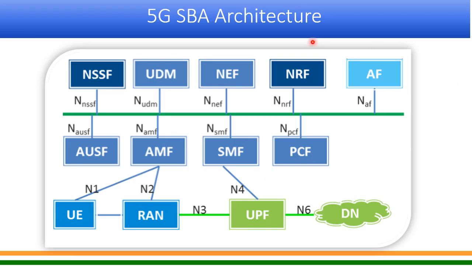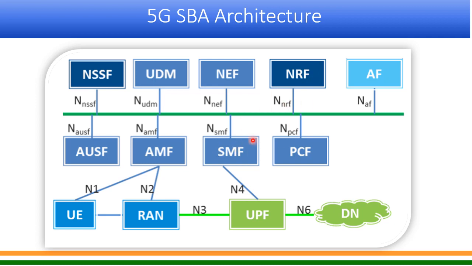If you look at the architecture, this is called the service-based architecture of 5G. All the architecture up to 4G was a point-to-point or reference point architecture, wherein one network element talks to another network element on a certain protocol defined by 3GPP.